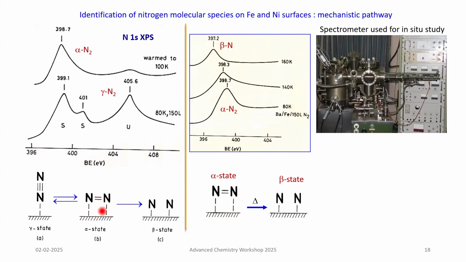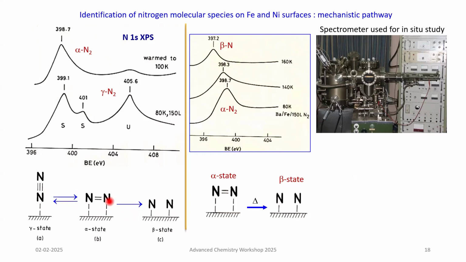Double bond can be easily broken. So that breaks and then gives you nitrogen atoms. If hydrogen atoms are available, they start forming NH, NH2, NH3. Final product will be released. That is the mechanism. And this is aided by adding a promoter called potassium. Potassium supplies electrons, so that the electrons will get pumped into this, and then the triple bond becomes a double bond. Nitrogen has an antibonding orbital.